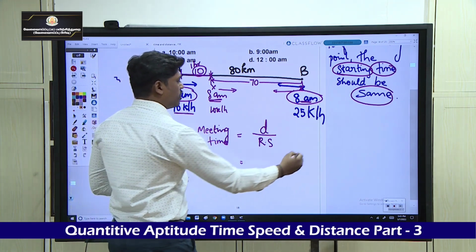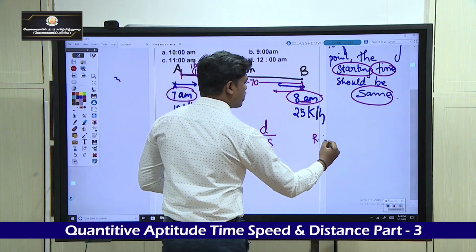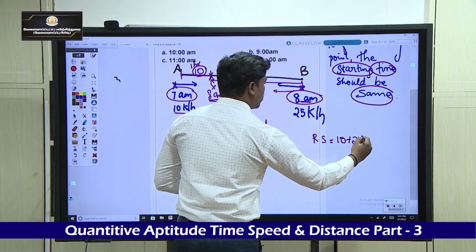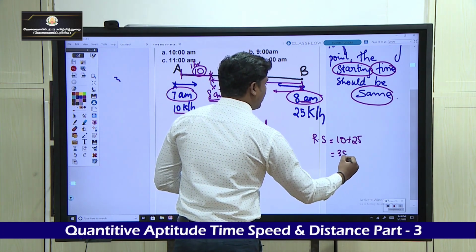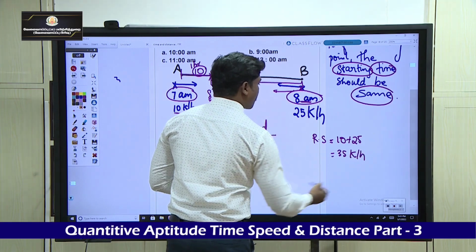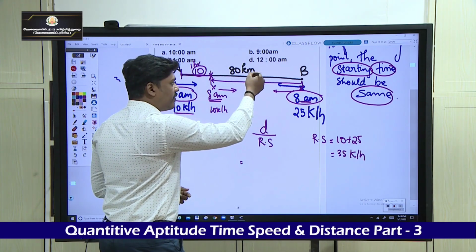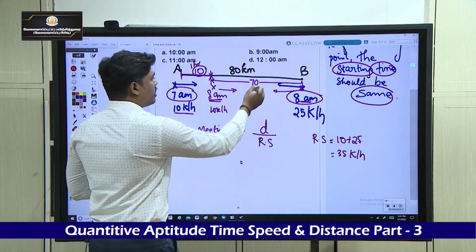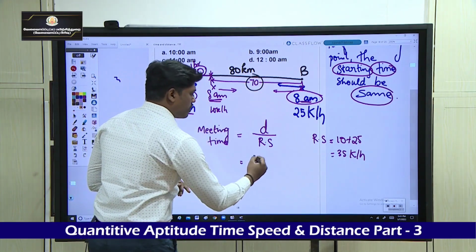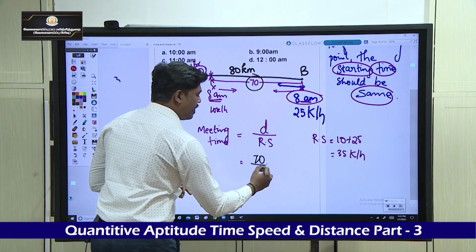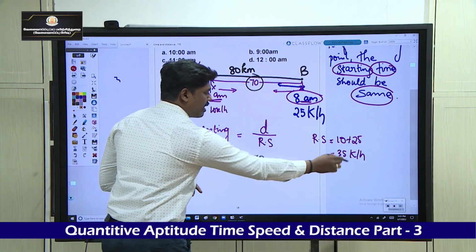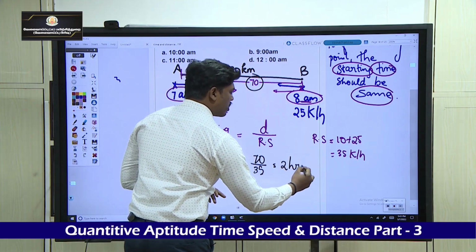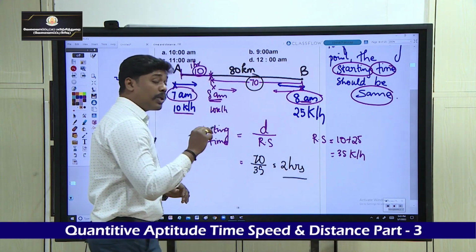So, the relative speed is 10 plus 25, which is 35 km per hour. And the distance between them is 70. So, 70 divided by 35, the relative speed, gives 2 hours.